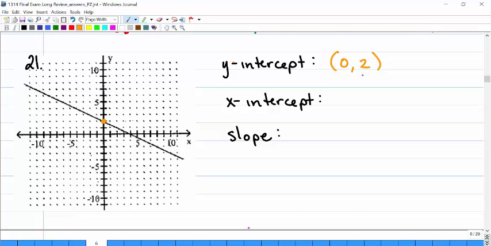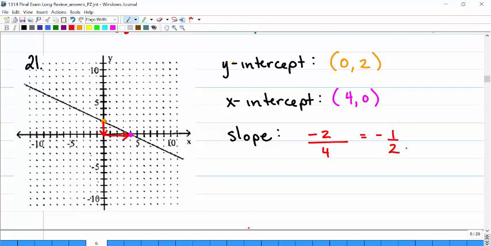The x-intercept is where it crosses the x-axis, which is right here, and that is the point 4, 0. To find the slope, to go from the orange point to the pink point, I need to go down 2, so -2, and then I need to go right 4, so +4. My slope would be -1/2.